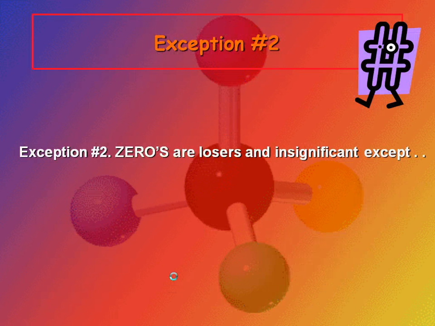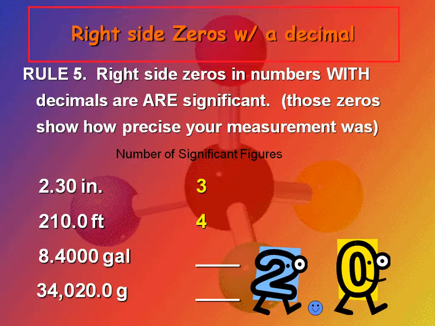So exception number 2, zeros are losers and insignificant, except, again, rule number 5: right side zeros in numbers with decimals are significant. Right side zeros in numbers with decimals are significant, and that's because it's showing how precise our measurement was, or our measuring instrument.